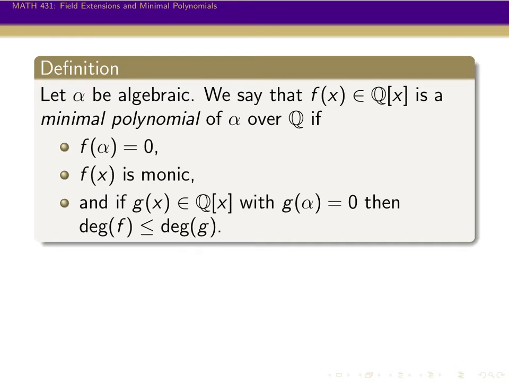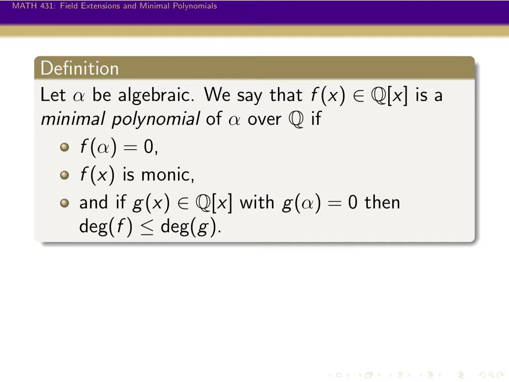So let's let alpha be algebraic. We're going to say that a polynomial f of x is a minimal polynomial of alpha over Q if, well, all of its coefficients have to be in Q, so it's in the polynomials over Q. Alpha is a root of it, so f of alpha is equal to 0. We want f of x to be monic, and that's just to make things easier to deal with and to also sort of isolate a single one of them.